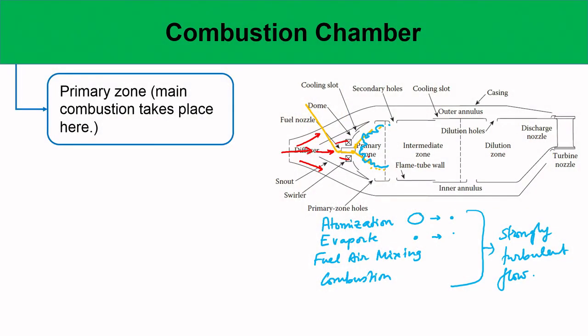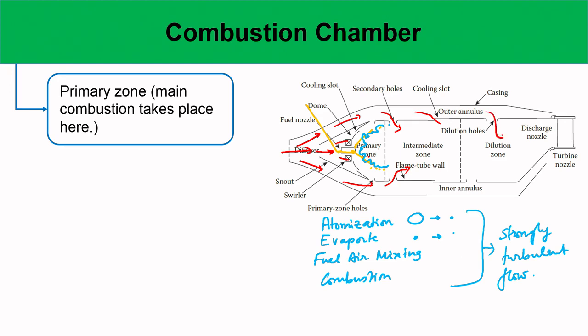Now this is the primary zone, and then we go into the secondary zone, where you have secondary holes and some cooling like this, which reduces the temperature to some extent.